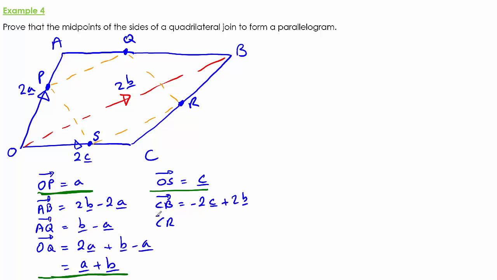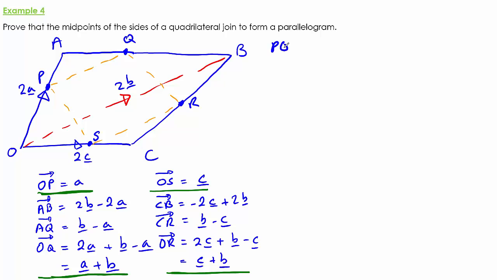So CR is going to be half of that, so that's going to be B minus C. And then going O to R, we'd go here first, so 2C, and then we'd add on to that CR. And so that one is going to be C plus B. Let's underline that. So those four results are really important, and we can move forward from those.